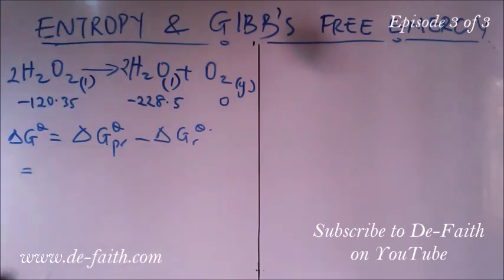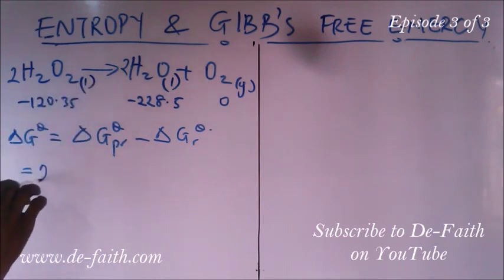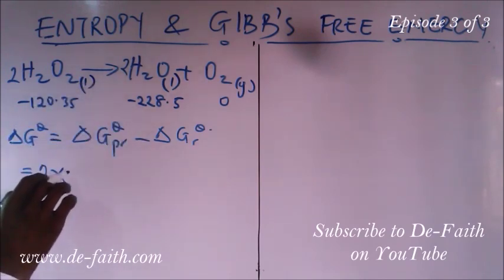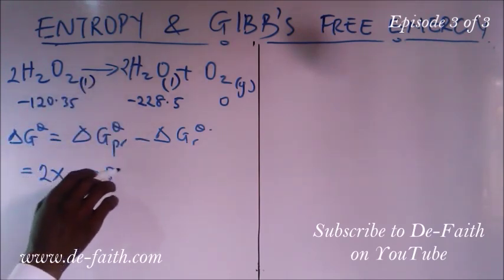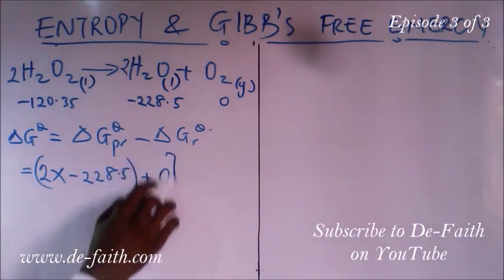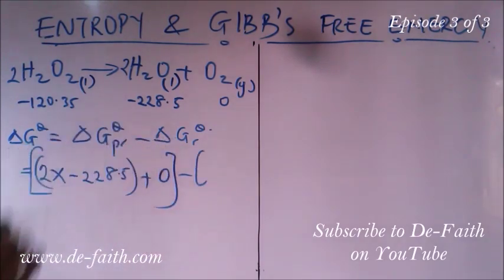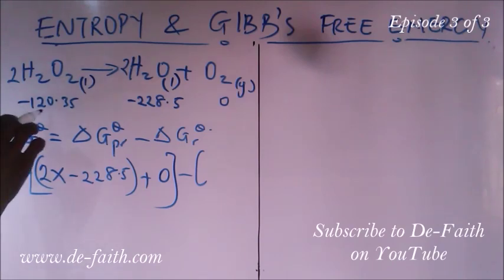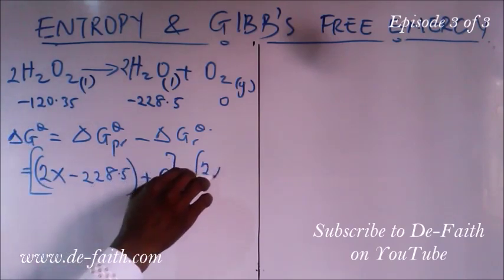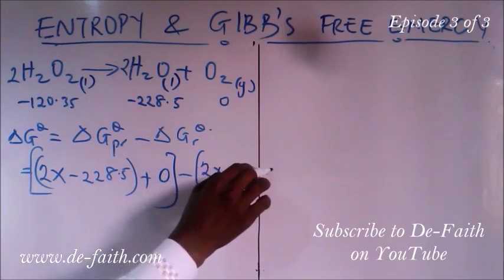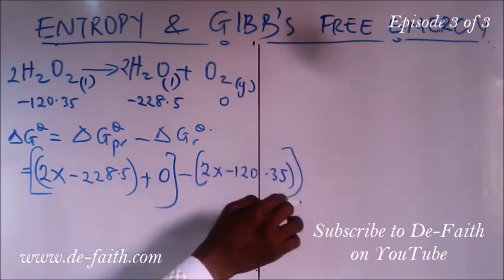Now for the products, for water, we have 2 moles of water, so multiply 2 by minus 228.5. We have oxygen, which is 0, minus, for the reactant now, we have 2 moles of hydrogen peroxide, and so we multiply this 120 by 2. So we have 2 multiplied by minus 120.35.